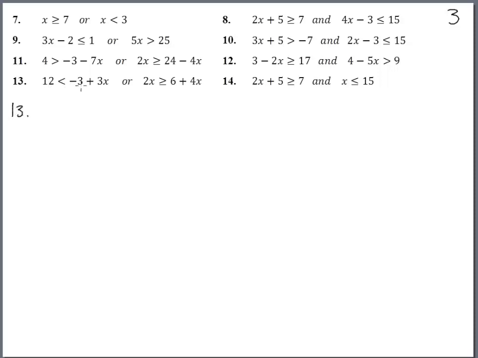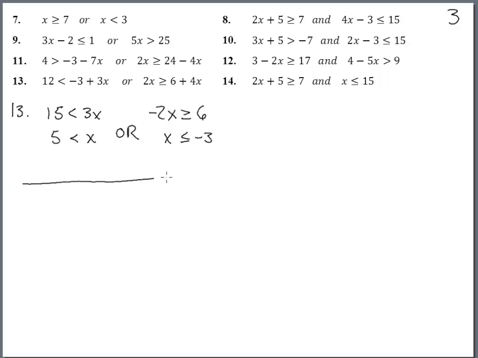Number 13. 12 is less than negative 3 plus 3x. So we add 3 over here, and we get 15 is less than 3x. And divide by 3, and we get 5 is smaller than x. Or subtract 4x over here, and we get negative 2x is greater than or equal to 6. Divide by negative 2, and we get x is less than or equal to negative 3.